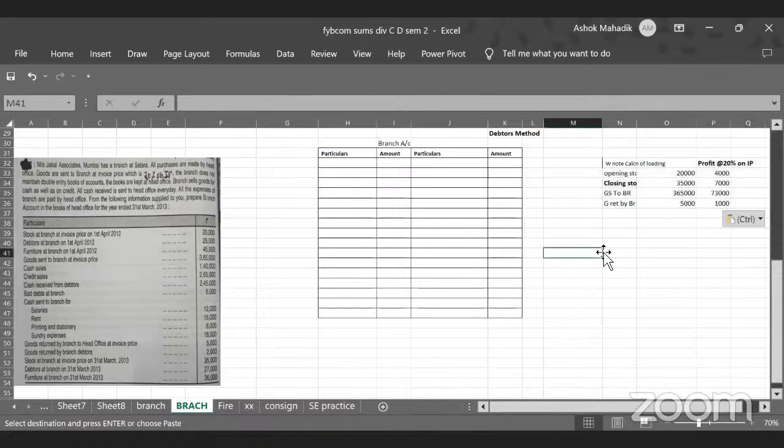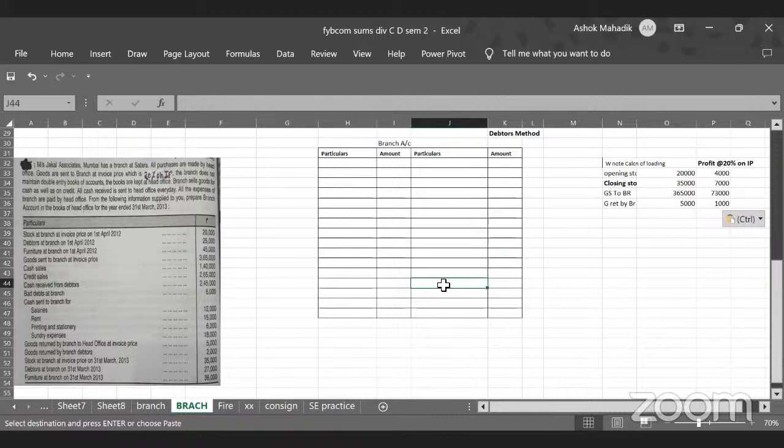Okay, now I'll explain you how to make this account, branch account. Okay, so in branch account, again, it will have debit and credit side as usual. Okay, to begin with, whatever opening balances are given, we record them on the debit side and closing balances on the credit side. Okay, that is the first thing you will do.